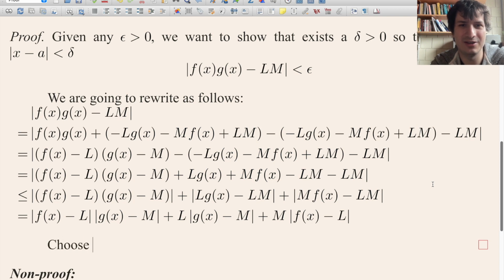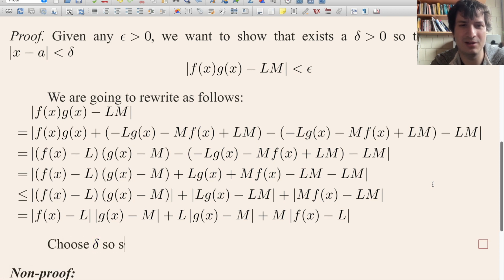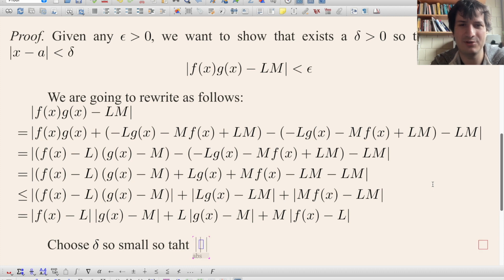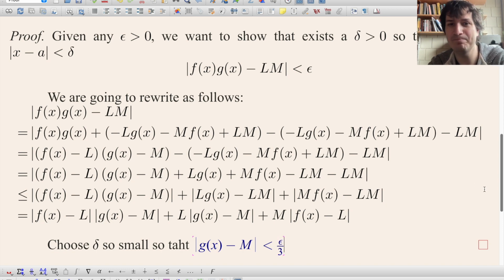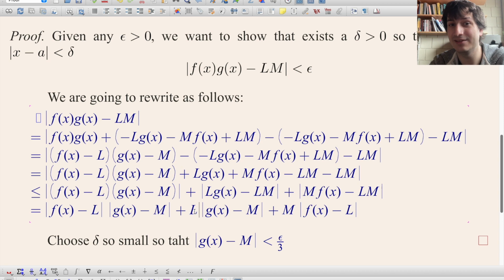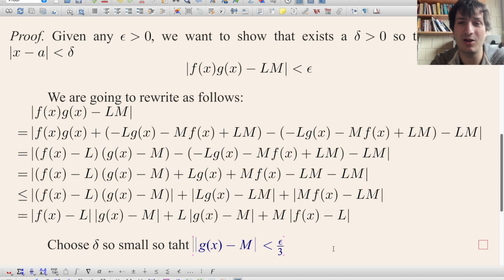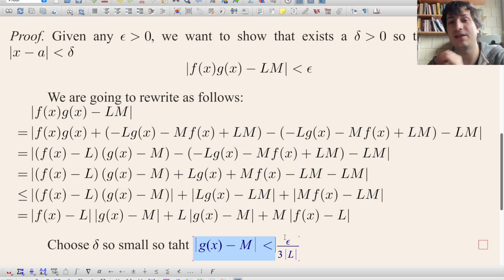So choose delta so small so that absolute value of g of x minus m is less than epsilon divided by... if I just made it epsilon divided by 3, then when you multiplied it by L, you would be in trouble. So I'm going to also put an absolute value of L on the bottom here, so that when you multiply it by L, you get something that is less than epsilon divided by 3.